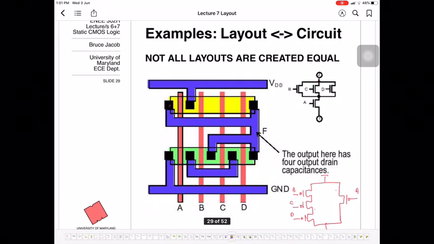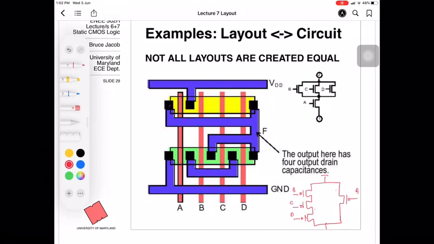Okay, so the next connection is the D connection.